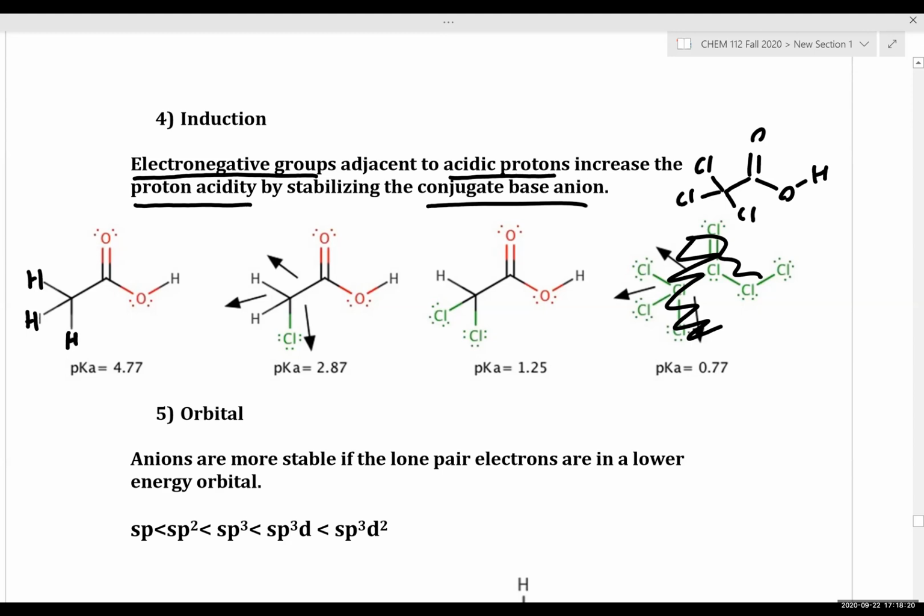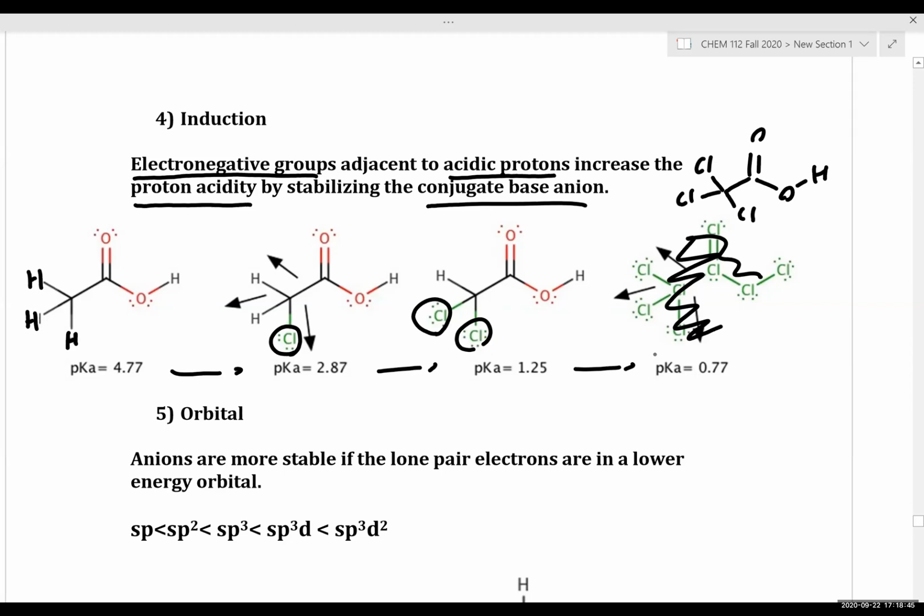Inductive effects are both distance dependent as well as dependent on the number of electron withdrawing groups and the electronegativity of the electron withdrawing groups. As we notice, addition of electron withdrawing groups results in a substantial drop in pKa.